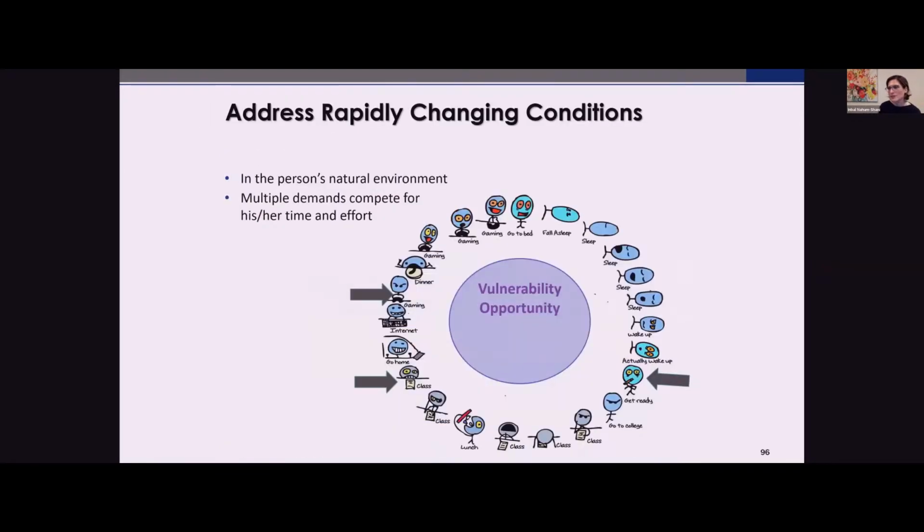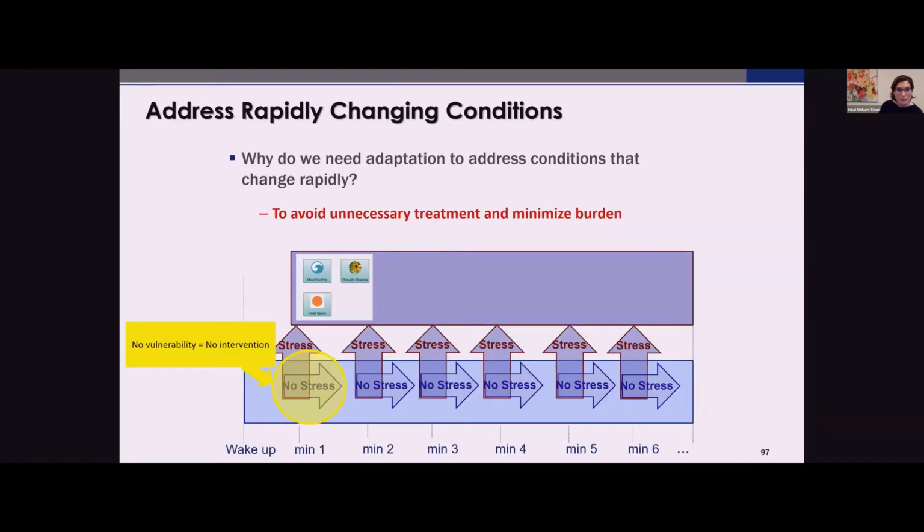The reason why we need to do this is because the conditions that we're trying to address are likely to change pretty much anywhere in daily life in the person's natural environment. And in the person's natural environment, we know that multiple demands can compete for time and effort and attention. This is why we need to minimize unnecessary treatment by delivering an intervention only when it is needed. For example, only when the person experiences a state of vulnerability. Otherwise, we should leave the person alone.